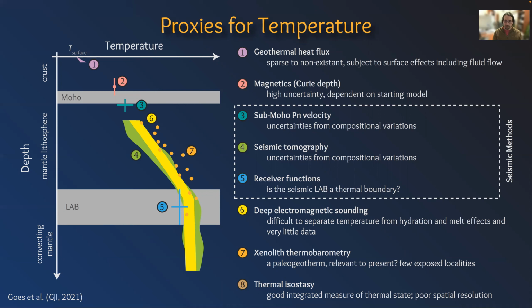That's a deep electrical sounding method that looks at resistivity, which is affected by temperature. We can also use xenolith thermobarometry, where we estimate the pressures and temperatures of xenoliths. And then, of course, we can use thermal isostasy, which I'm actually going to talk about a bit during this talk, which is an integrated method. So it doesn't give you temperatures at any given depth, but it gives you a good estimate of the integrated thermal state.